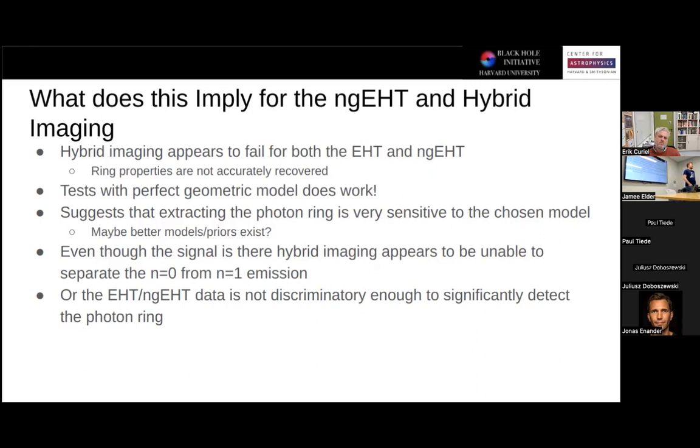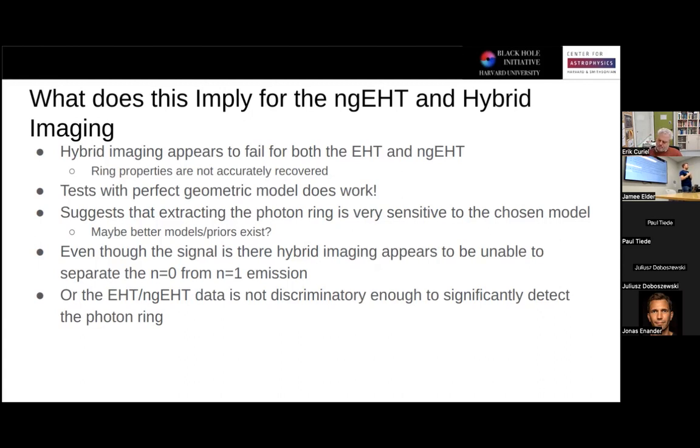So I want to ask a question here, and with recommending Prashant was saying the n=0 ring is probably going to be much more susceptible to time variability. Yeah. And the n=0 ring, I think, will exhibit a lot more spectral evolution. Yeah.